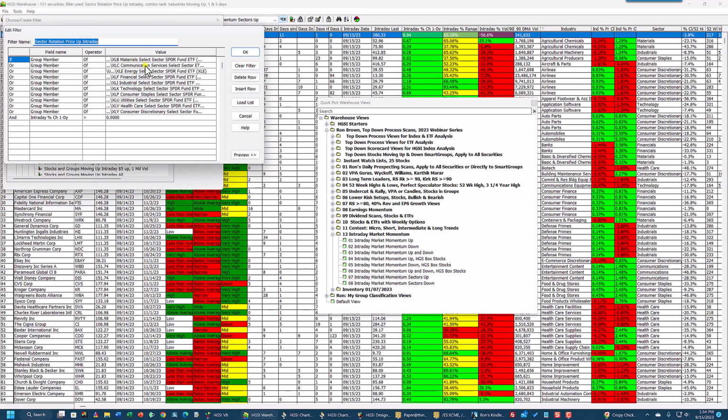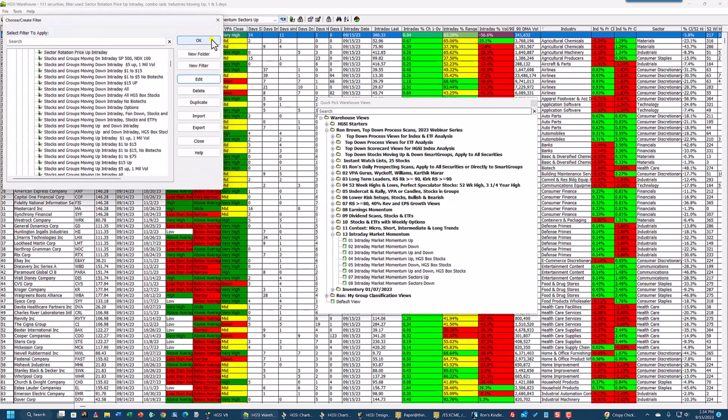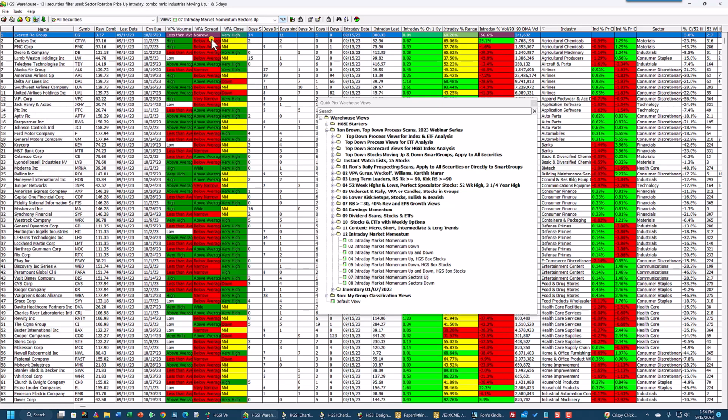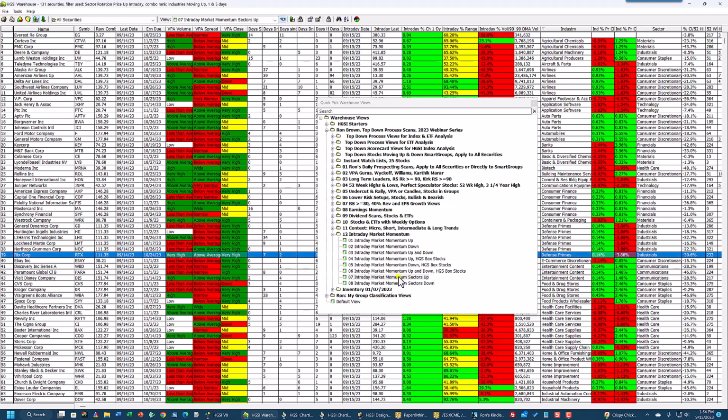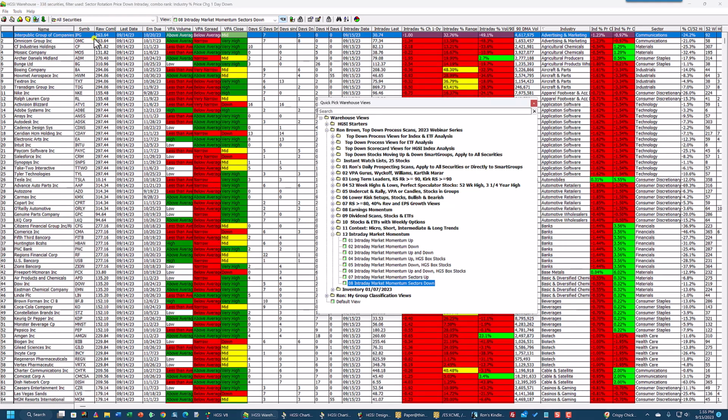So you can see there's materials, communication, energy, financial, and so on. And down another level are the individual stocks. I just thought this would be a good way to see where the real strength and weakness is, because these are the stocks that are traded heavily by the institutions. So I have sectors up. There's 131 stocks here, and sectors down, there's 338.